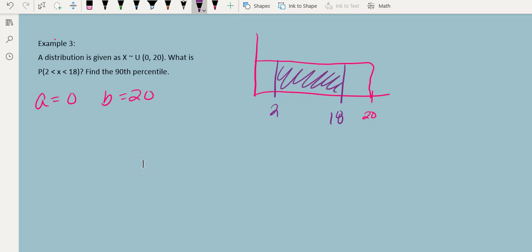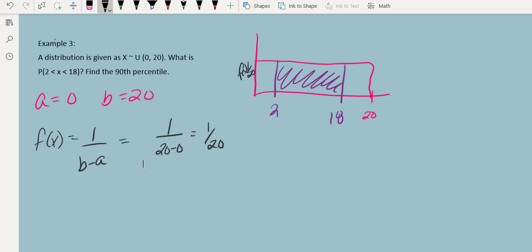So if we're going to do that, we have to find our f of x. Now your f of x, if you recall at the top, equals 1 divided by b minus a. So this will give us 1 divided by 20 minus 0, which should give us 1 over 20. Okay, so our f of x is going to give us 1 over 20, and that is going to be our height of this distribution.